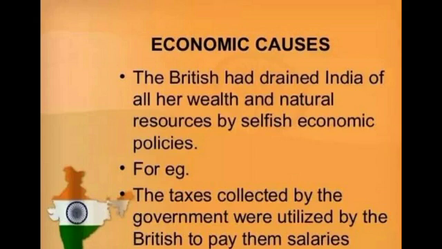They were forced to grow indigo, a plant which is a source of indigo dye, and cotton. These were bought at very low rates and sold at very high rates in England and other countries. Thus farmers in India became poorer and many died due to starvation. They drained India of all our wealth and natural resources by selfish economic policies. And the taxes collected by the government were utilized by the British to pay their salaries.